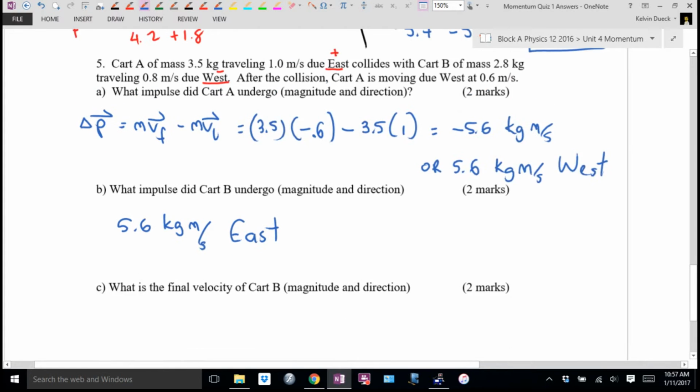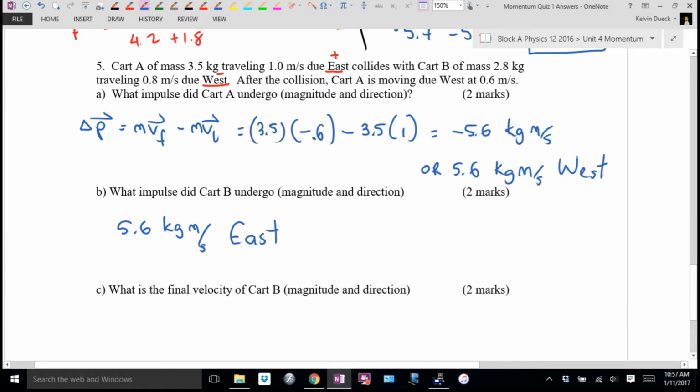By the way, you could probably do all of this by doing a collision and conservation of momentum. In other words, you could go momentum car A initial, don't write this down, momentum car B initial, wham, they collide, momentum car A final plus momentum car B final, and because it's in a nice straight line, get car B by itself. I'm going to be clever.